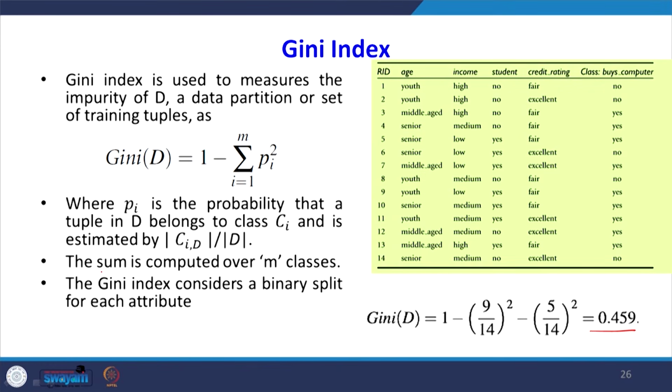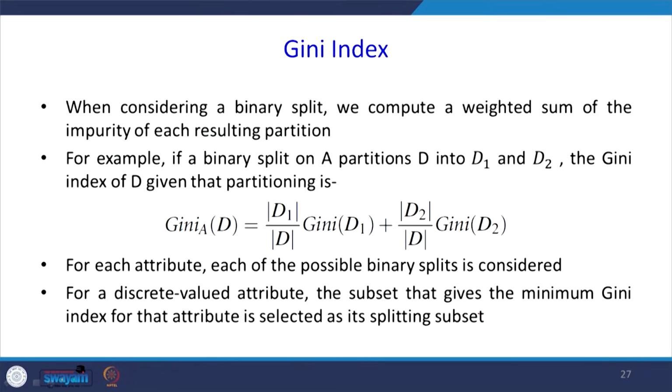Because the sum is computed over m classes, we are doing it for all classes, for i equal to 1, i equal to 2. The Gini index considers a binary split for each attribute. So here we are going to get only binary splits if you use Gini index. When considering a binary split, we compute a weighted sum of the impurity of each resulting partition.